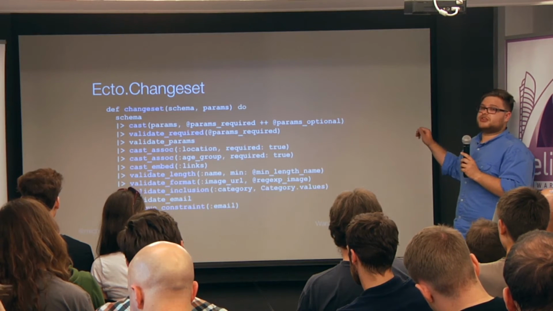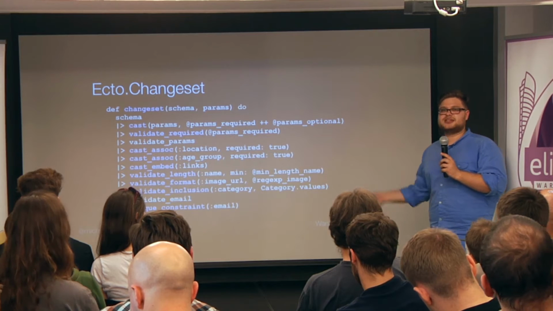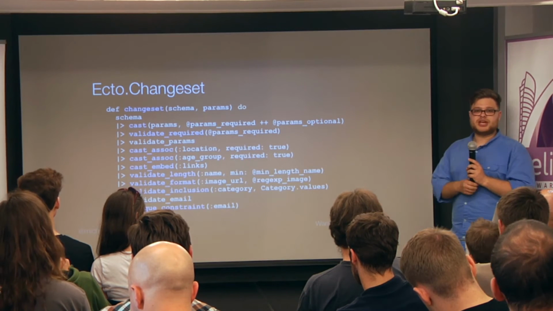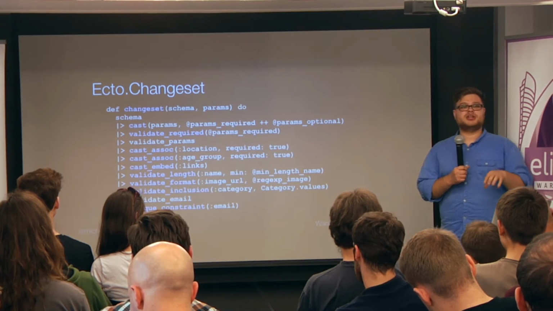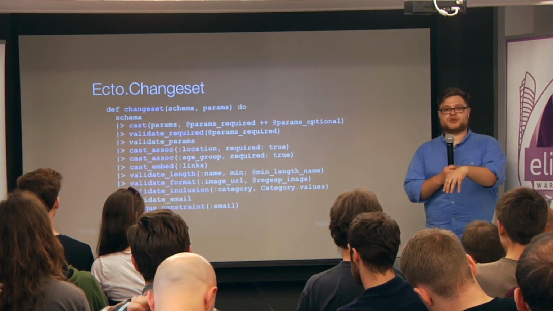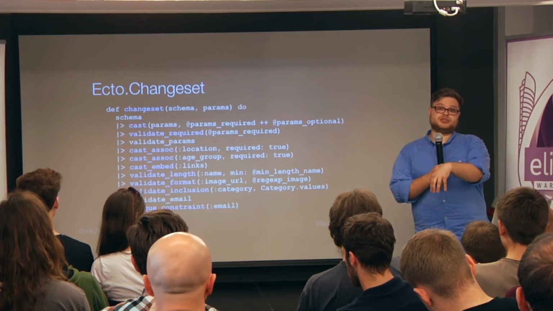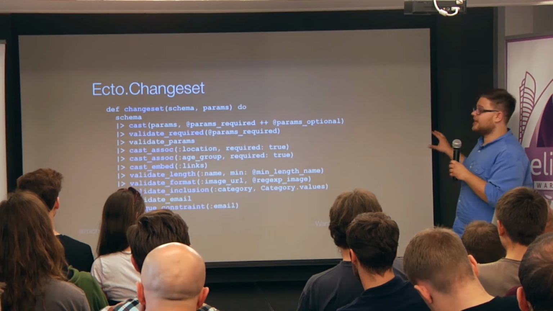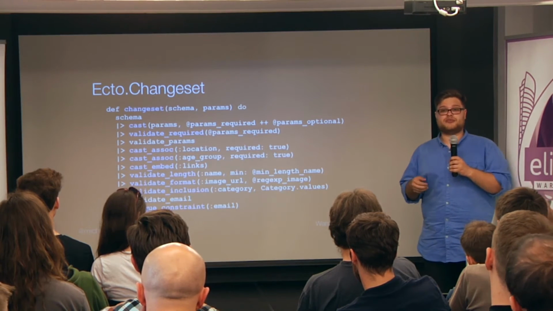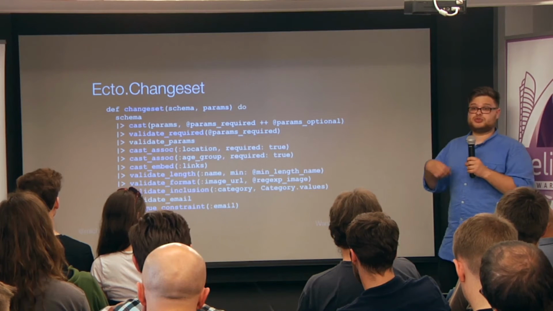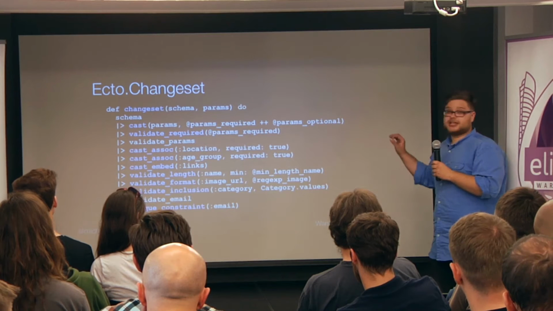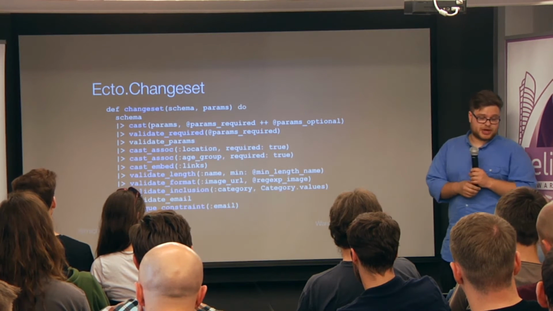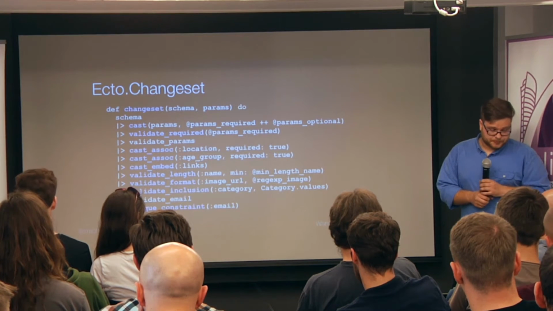But it will create nested change sets for each of the associations and create this recursive data structure, so that when you pass it to the repo, everything will be executed. So this is like a delayed execution of the things you want to change in your data. We also have this idea of embeds, and I will talk about it also.